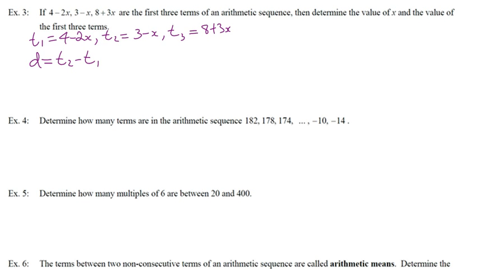Let's say d is equal to T2 minus T1. So what's that going to be? 3 minus... Okay, and we're just going to bracket everything, especially since we are subtracting a set of brackets. So if we bracket everything as a first step, then now we're going to remove the bracket. So what does this become?